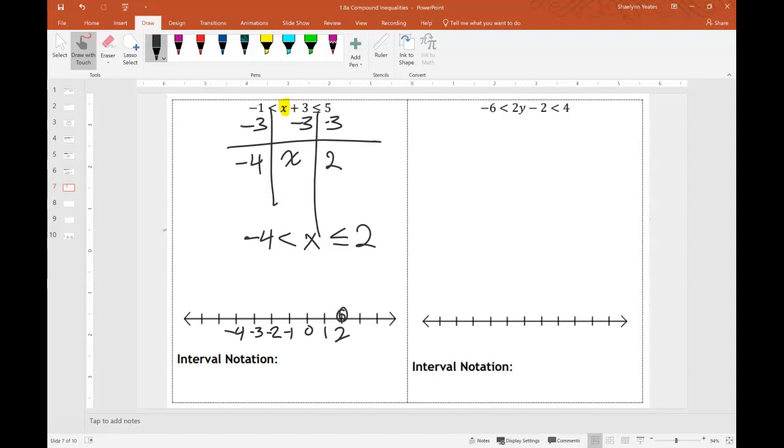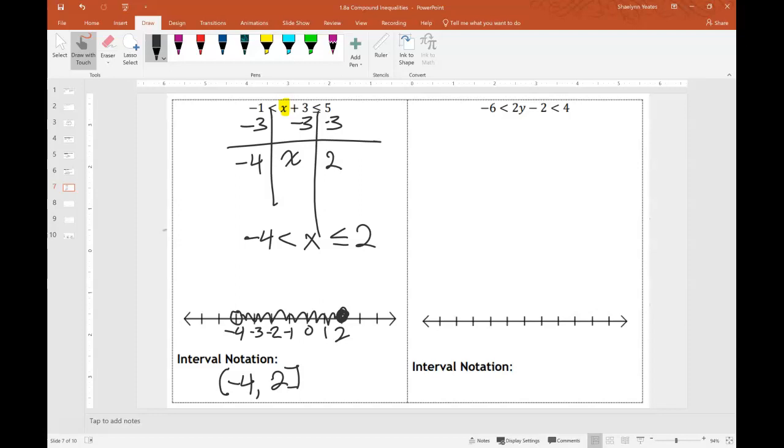So at 2 I'm going to have a closed dot. At -4 it's an open dot still. And then it's everything in the middle. So interval notation, we've got a parenthesis because of the open dot at -4. And then we're going to 2, and we have a bracket at 2 because it's a closed dot.